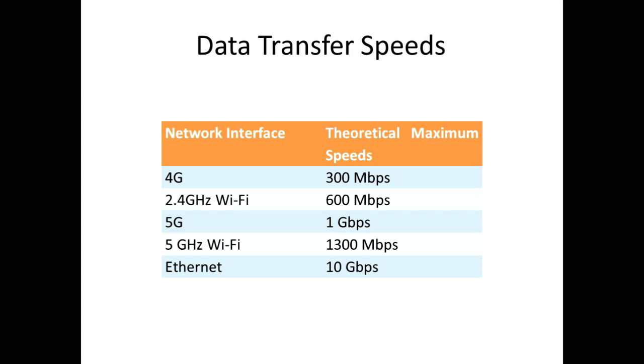Wi-Fi running at 2.4 GHz has a theoretical maximum speed of 600 Mbps. Mobile 5G can run at 1 Gbps, while Wi-Fi that is running at 5 GHz has a theoretical maximum speed of 1300 Mbps, which is almost 1.3 Gbps. Ethernet ports on some of the most advanced PCs or broadband connections in offices can offer speeds of 10 Gbps.